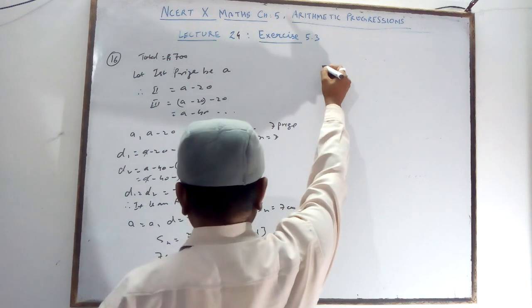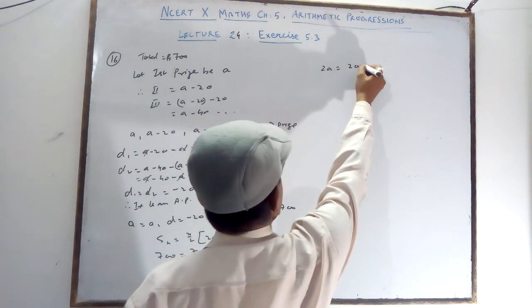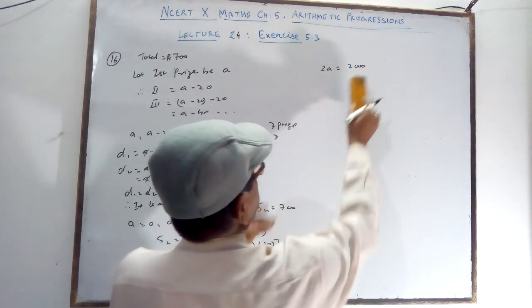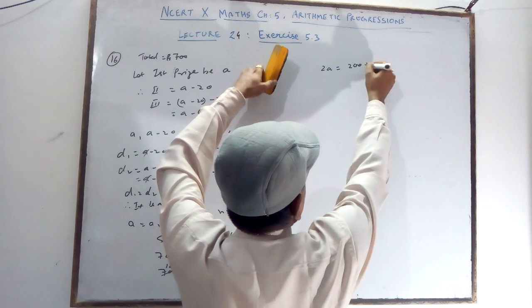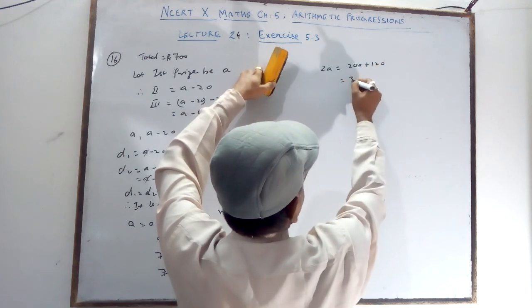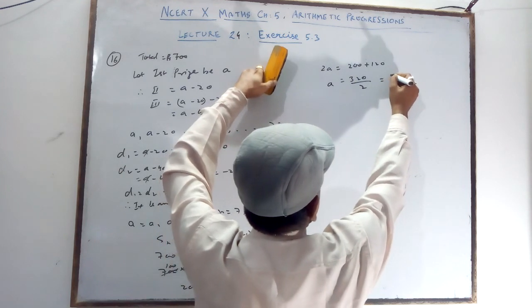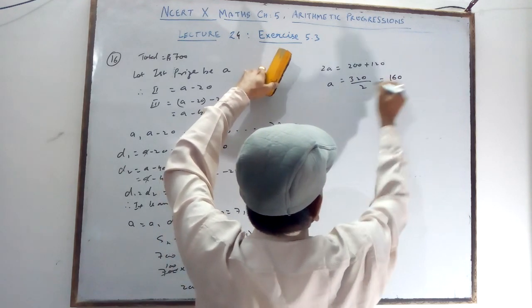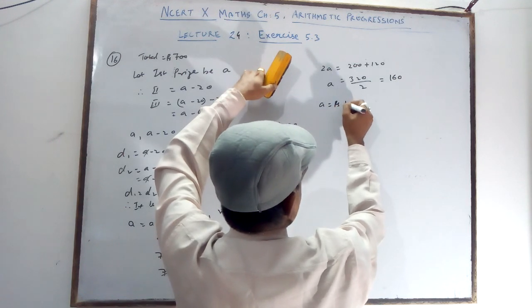So what is 2a? 2a is equal to 200 plus 120, that is 320. So a is equal to 320 by 2, which is 160. So a is equal to rupees 160.